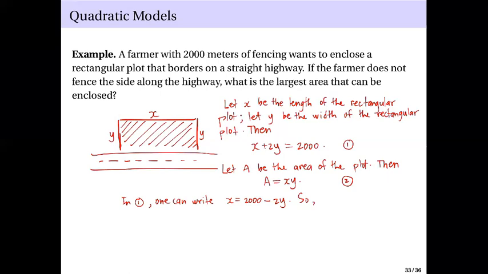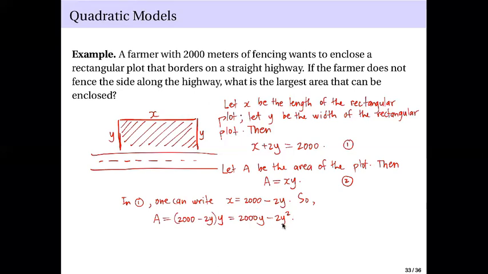So A will become 2,000 minus 2y times y. Or this guy here, we can write it as 2,000y minus 2y squared. So this is a quadratic function in the variable y.